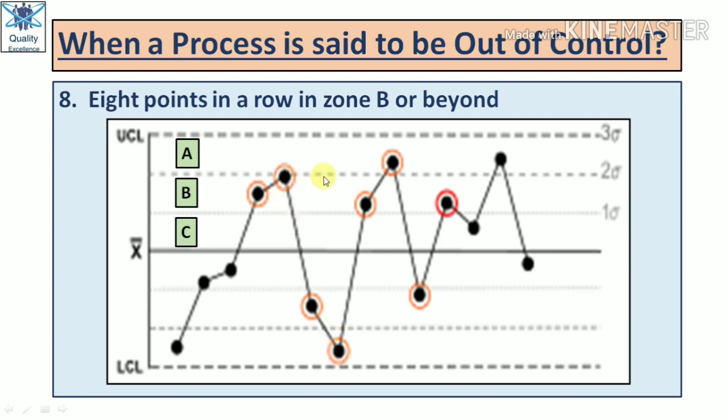So 8 points in a row in zone B or beyond. If this is the situation, then the process is considered as out of control.